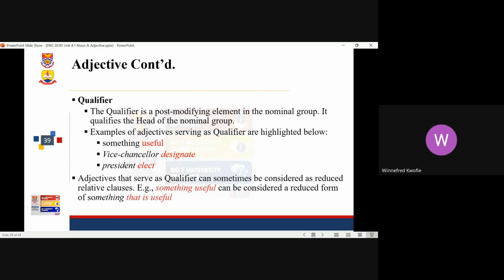So, something useful: what we actually mean is something that is useful, a relative clause, that is useful. But then we remove the 'that is' over there, leaving something useful.